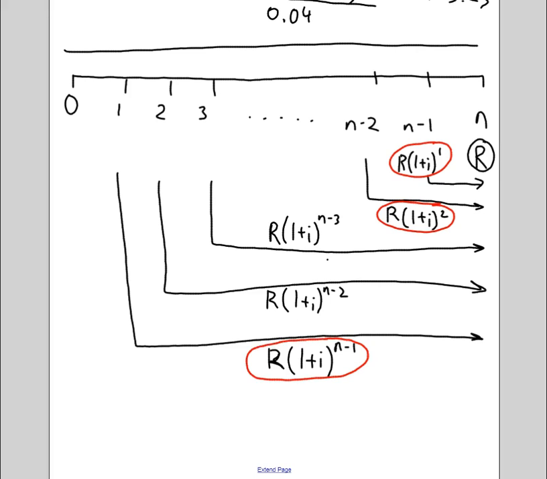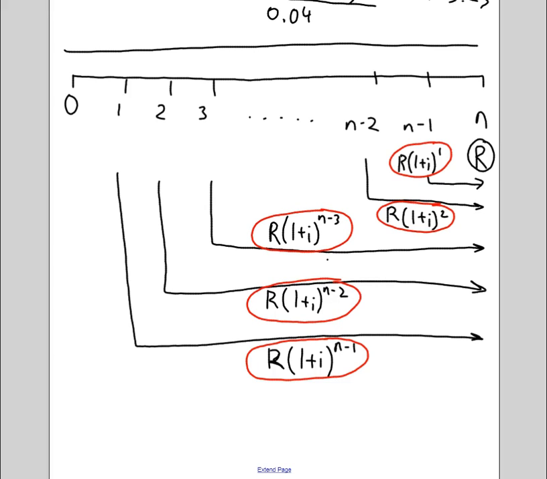If, for example, there were 10 compounding periods, then that first deposit, which we're calling R in value, would have been compounded for 9 compounding periods. N subtract 1 fits there. The next one would have been compounded for 8, n subtract 2. The one that followed would have been compounded for 7, n subtract 3, and so on.